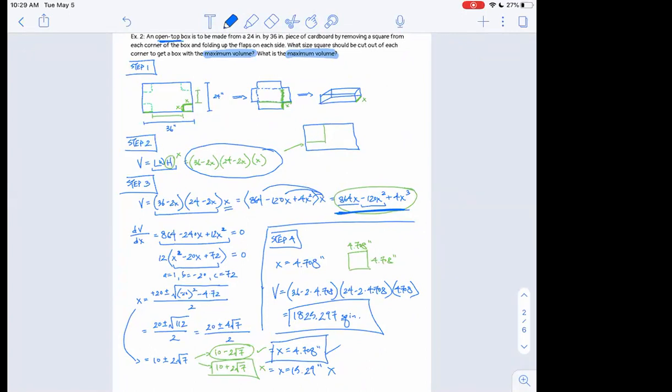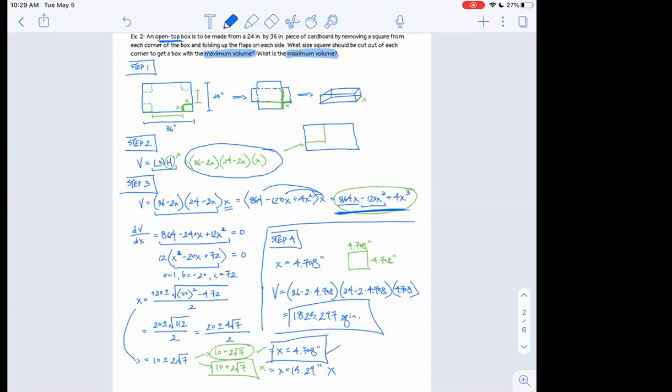Even though this is a totally different scenario than example number 1, we did follow the same steps, which is draw and label a diagram, come up with your equation, and use your diagram and other information to help you make a single variable equation.